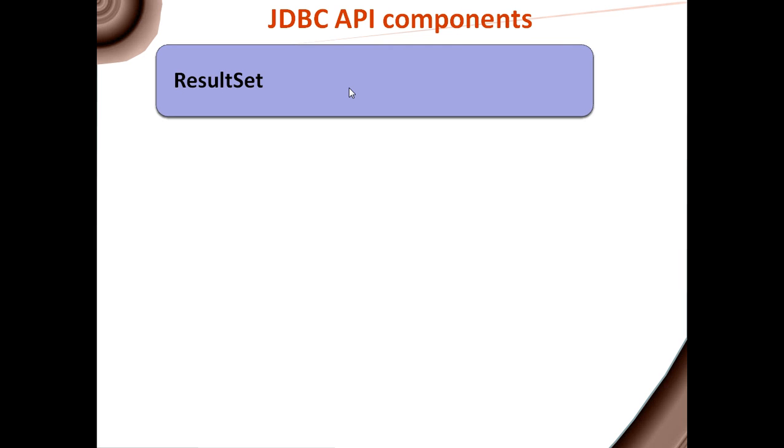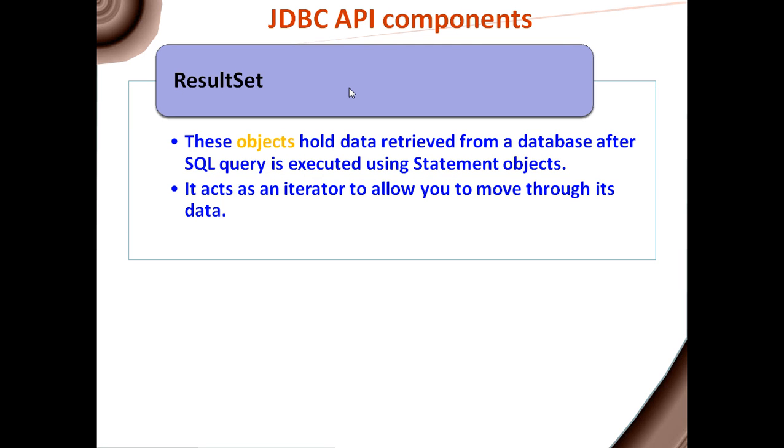Then comes the ResultSet. We are going to make use of its objects, which will hold the data that you have retrieved from the database after you have executed a SQL query using a Statement object. So you will have a Statement, and after that a ResultSet. The code will demonstrate this properly.